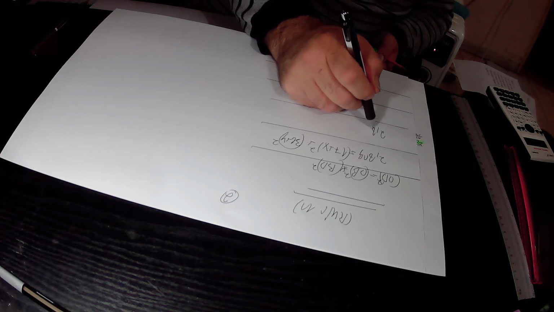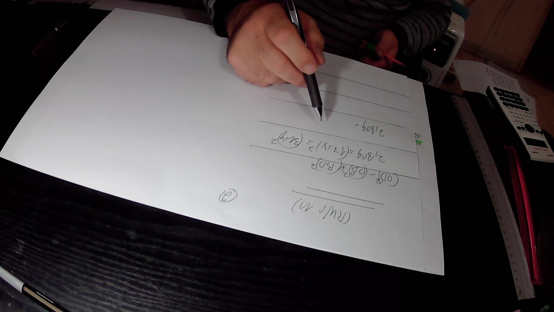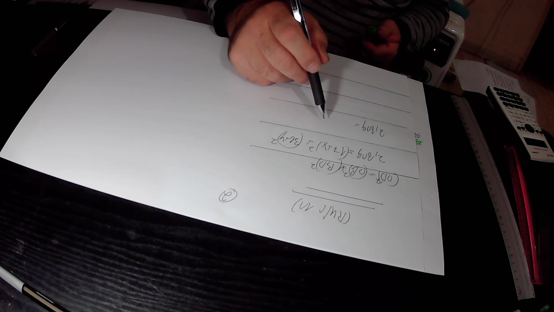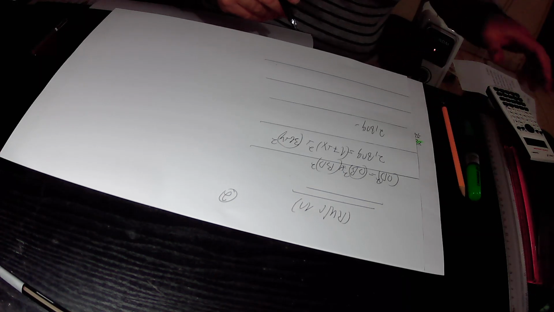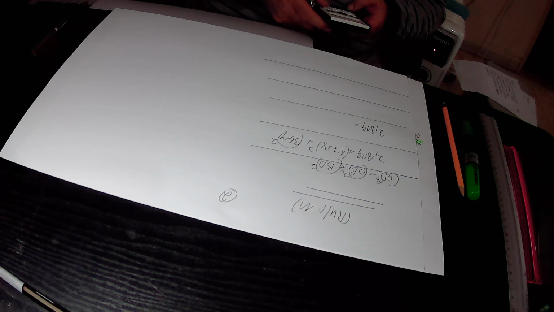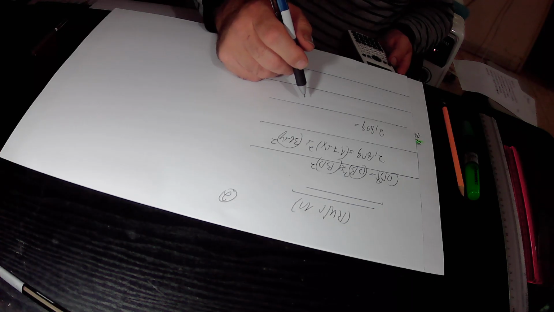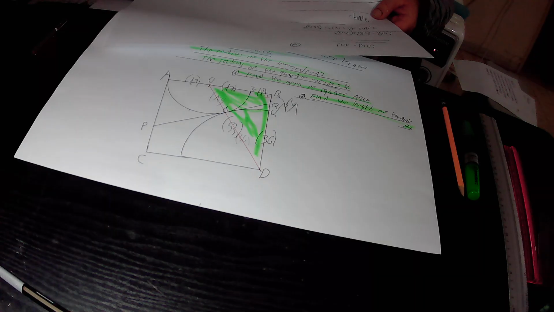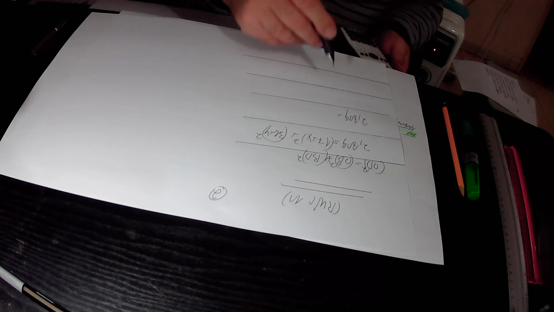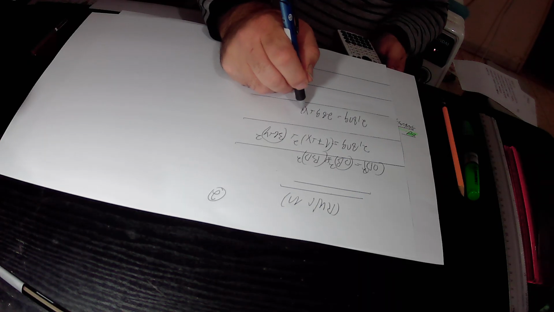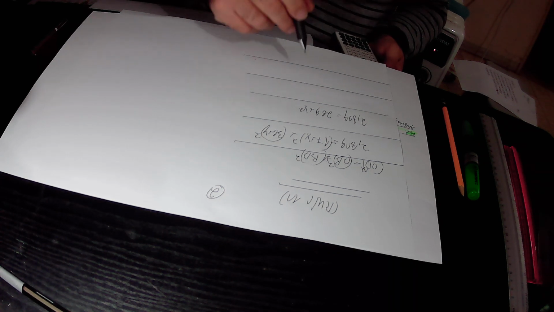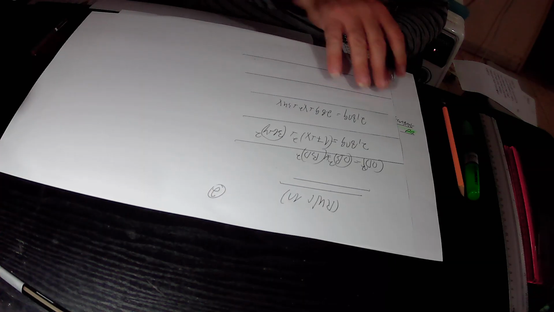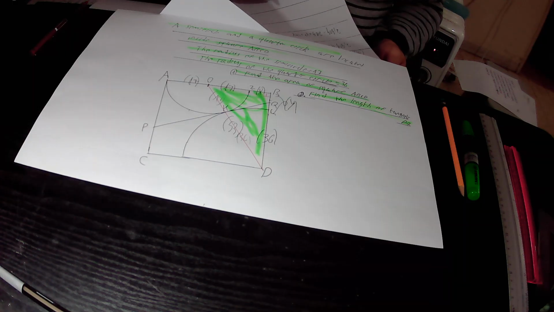So 2,809 equals 17 plus X squared. 17 plus X squared equals 17 squared, this is 289, plus X squared, plus 2 times X times 17, this is actually 34X, plus BD squared.